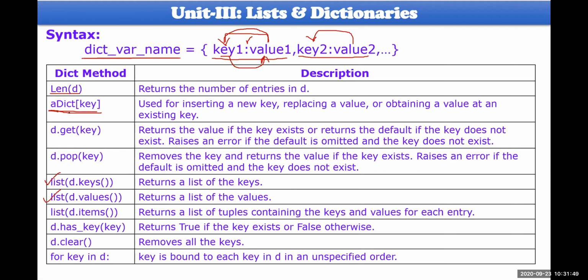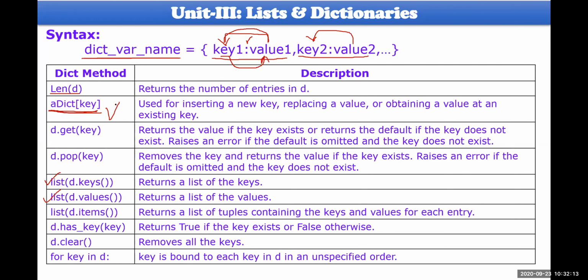A dictionary of a key can be used for two different purposes. One is to get the value, and the second is if you want to change or replace the existing value, yes, you can specify.